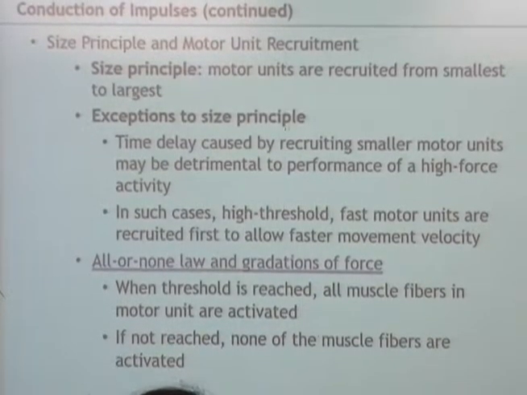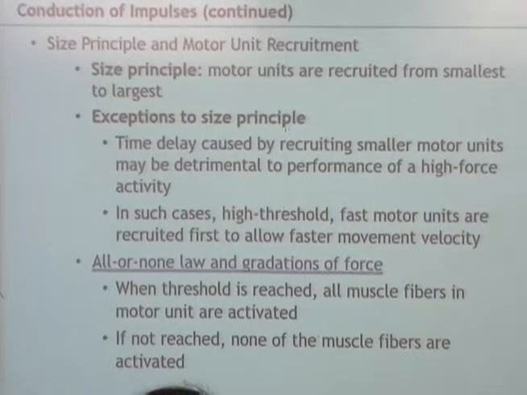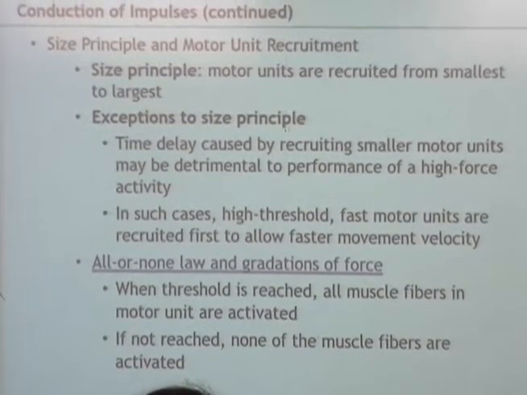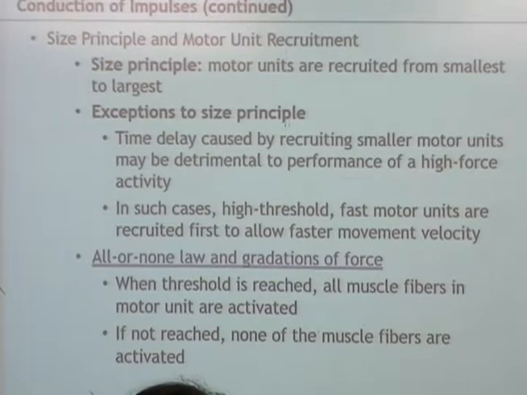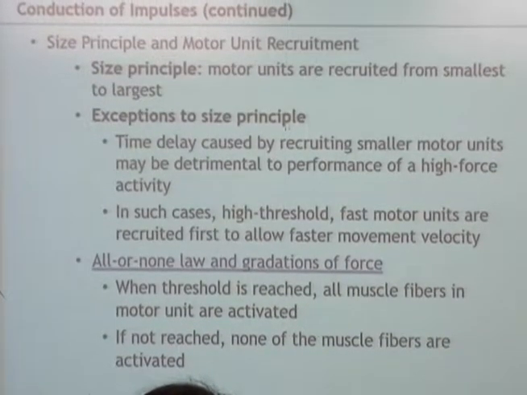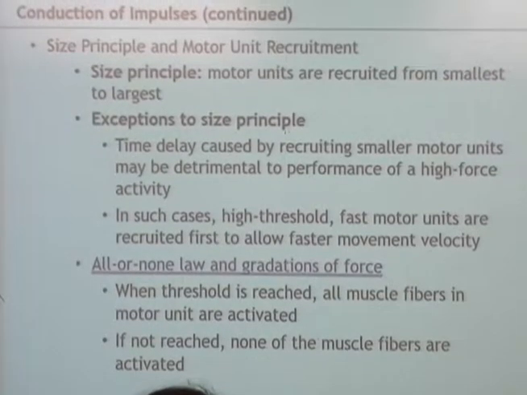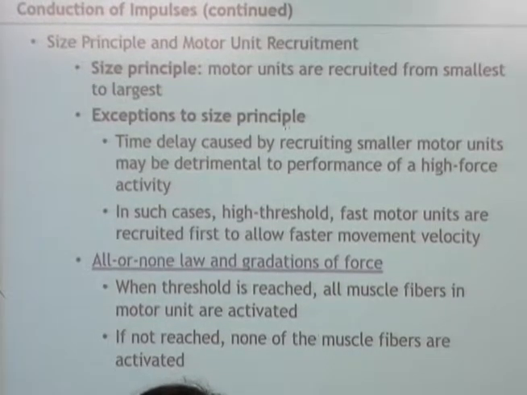Another rule is that we have all or none. So when a particular motor neuron reaches threshold, so if the summation, if all the signals coming into that motor nerve add up to threshold or above, that action potential will transmit down that motor nerve.